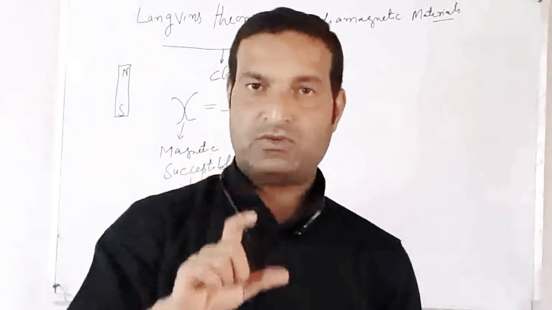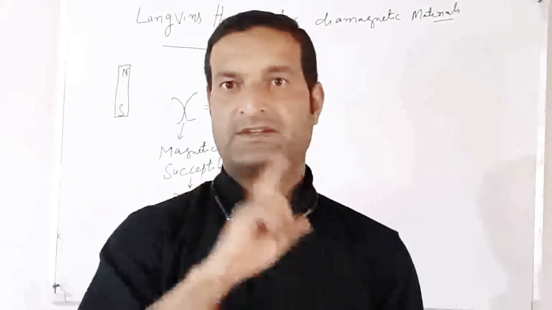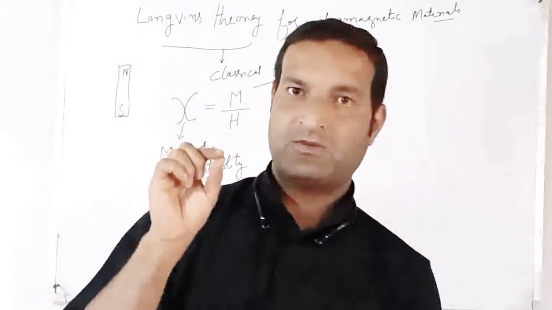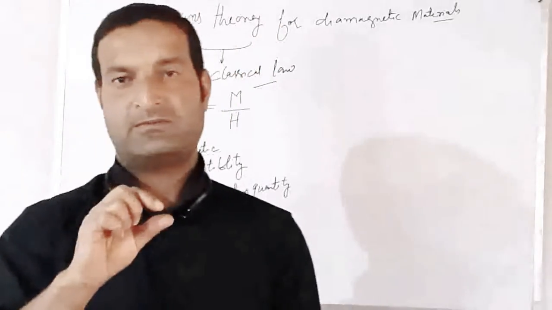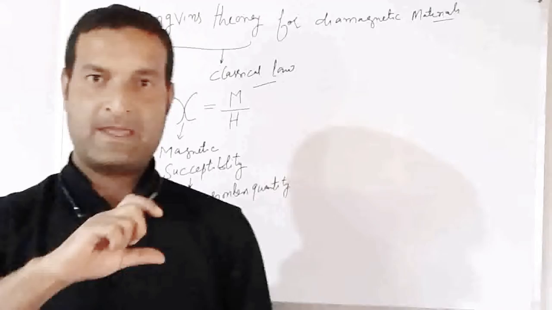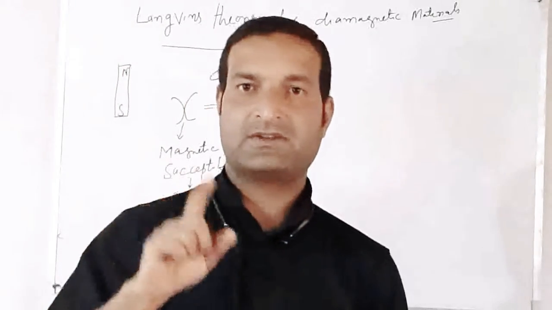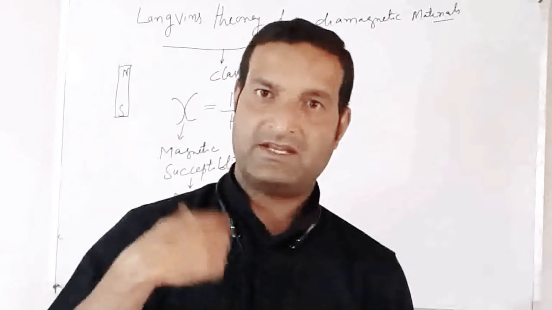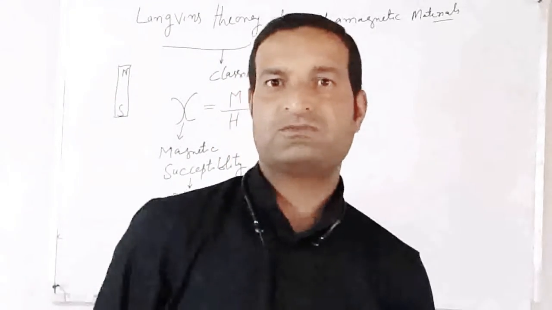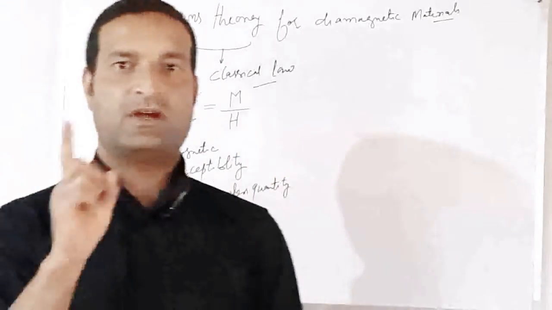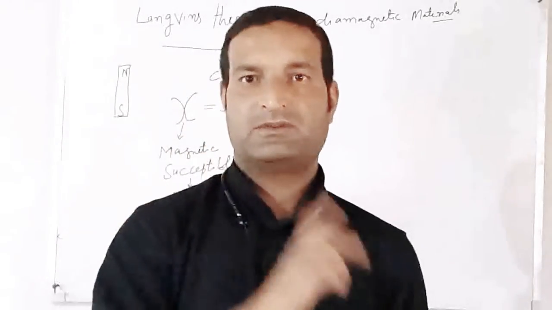So this Coulomb force provides the centripetal force for the electron, and there is another force that tends to move this electron from its orbit, called the centrifugal force, which arises by itself, and these two forces balance each other and maintain the circular path of the electron around the nucleus.